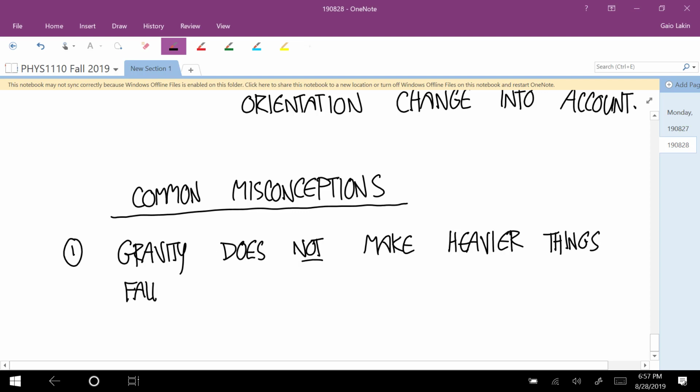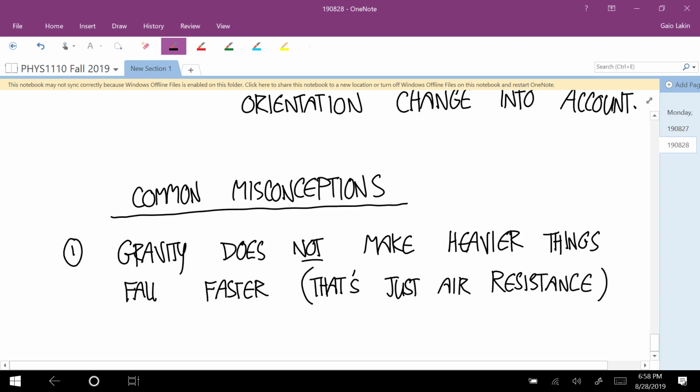In the cases where a heavier thing does fall faster than a lighter thing, and there are cases like that, it's not gravity that does it, it's just air resistance. That's just a difference in how the thing reacts to air resistance.